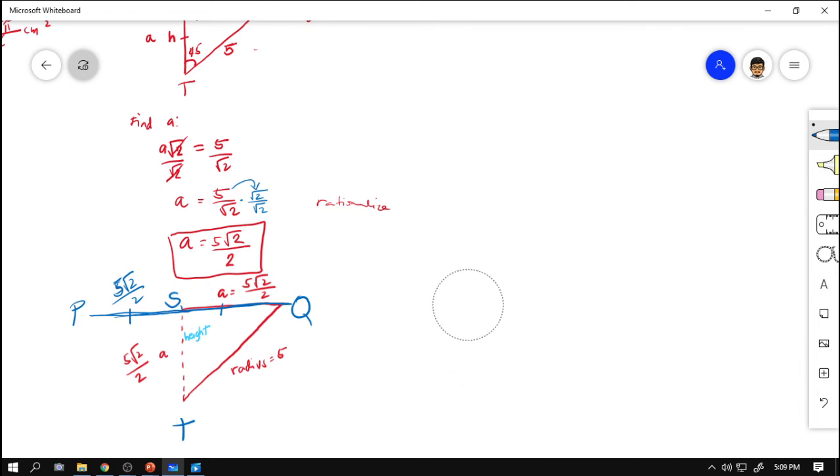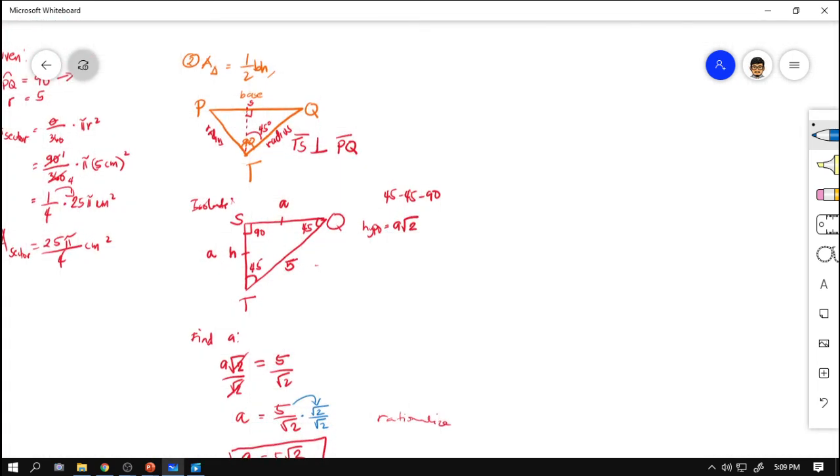So, from there, the area of the triangle now is equal to 1/2 base times height, where the height is equal to, ilan na ulit yung height? 5 square root of 2 over 2. So, that is the height.